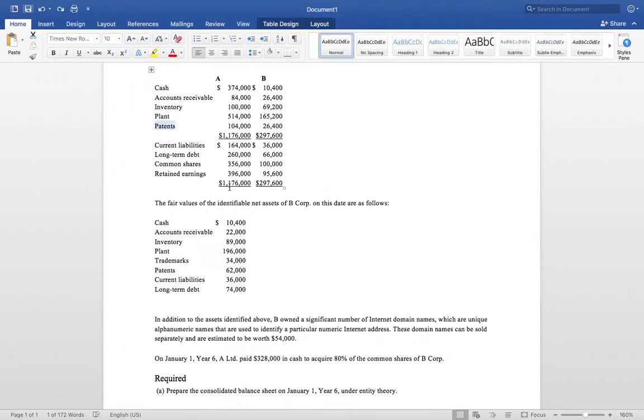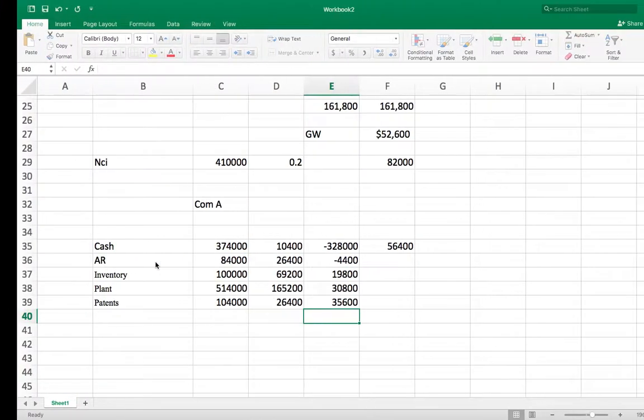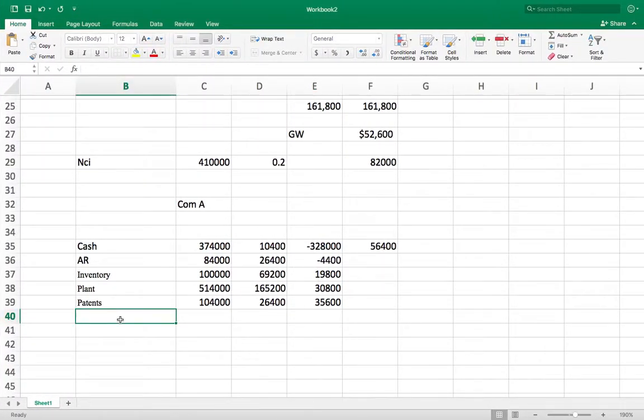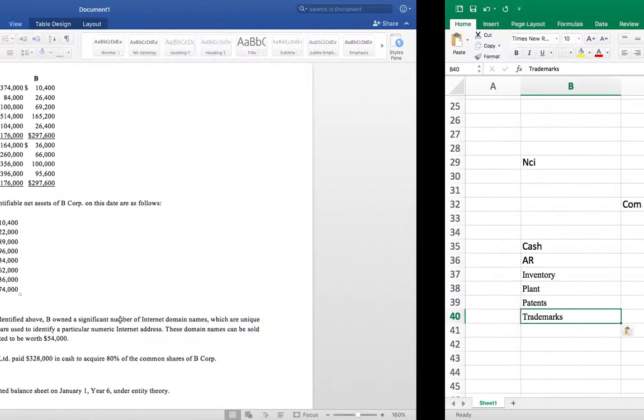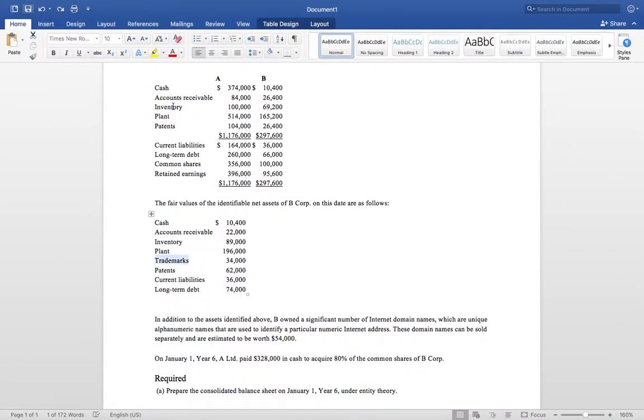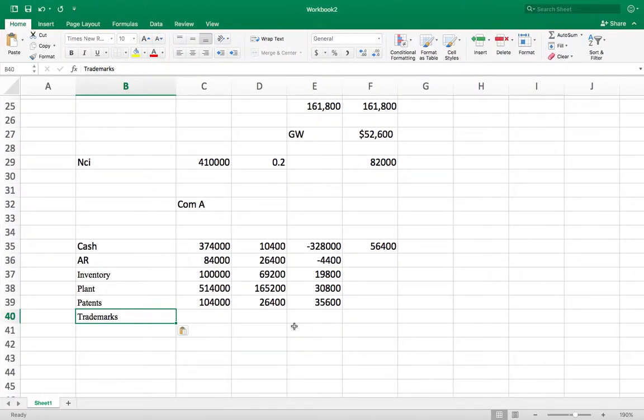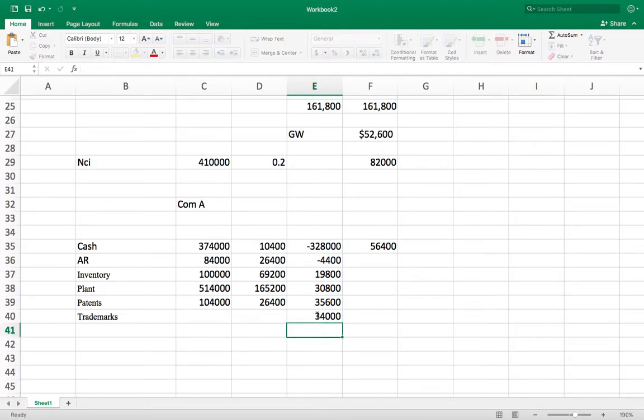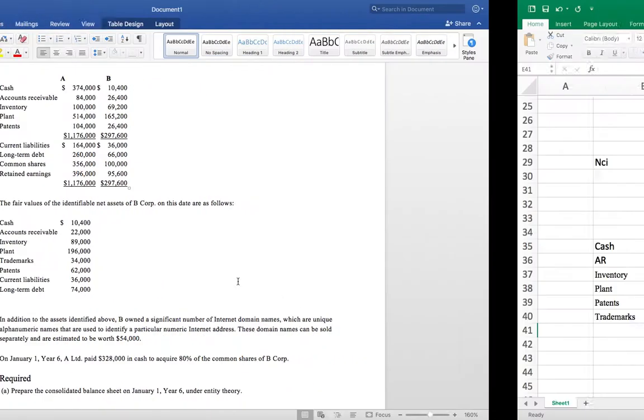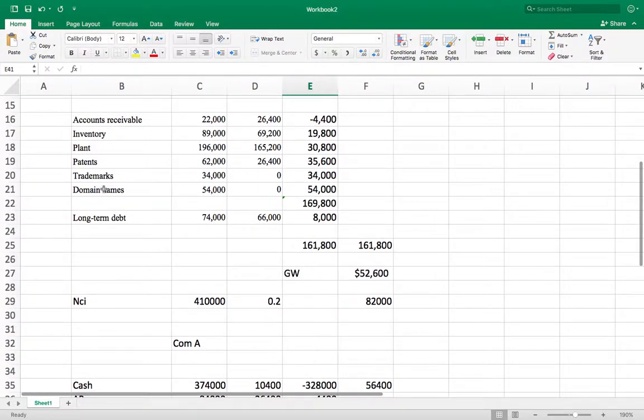Okay, then we have trademark. We did not have any trademark for company A or company B. This is something new, so I'll just put 34,000. Then we had the domain name.